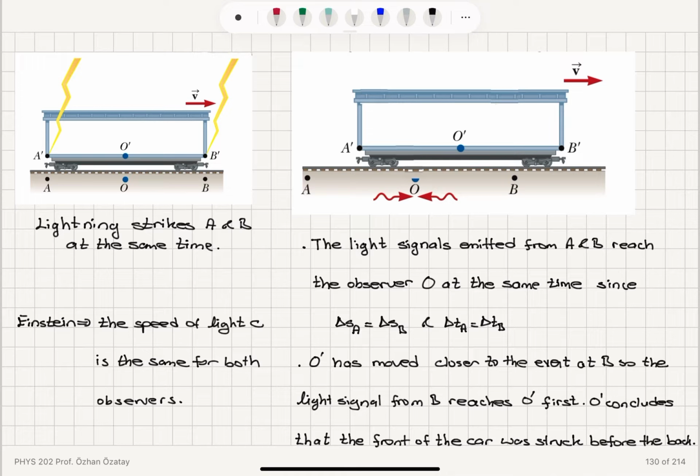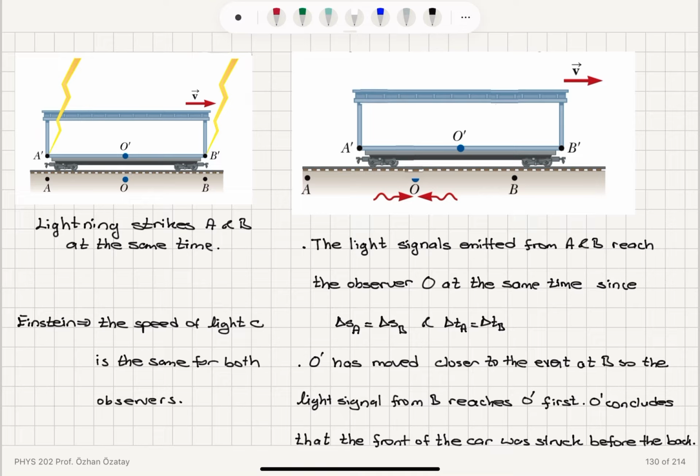So these are two inertial reference frames. We have a lab frame, the Earth reference frame at rest, and this is another inertial reference frame that's moving with constant velocity v. However, the observer in the Earth reference frame says A and B were hit simultaneously, and the other observer at O prime inside the wagon says B prime was hit first, then A prime.